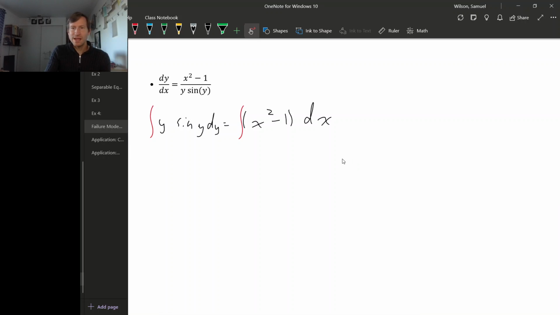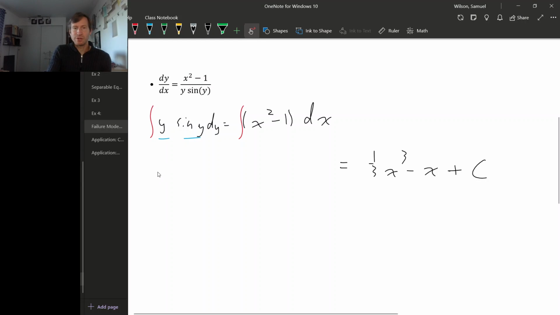On the right-hand side, we're going to get 1/3 x cubed minus x plus a constant, so that's no problem. On the left-hand side, it looks like we're going to have to do integration by parts. This is a classic case for integration by parts when you have a variable times a trig function.